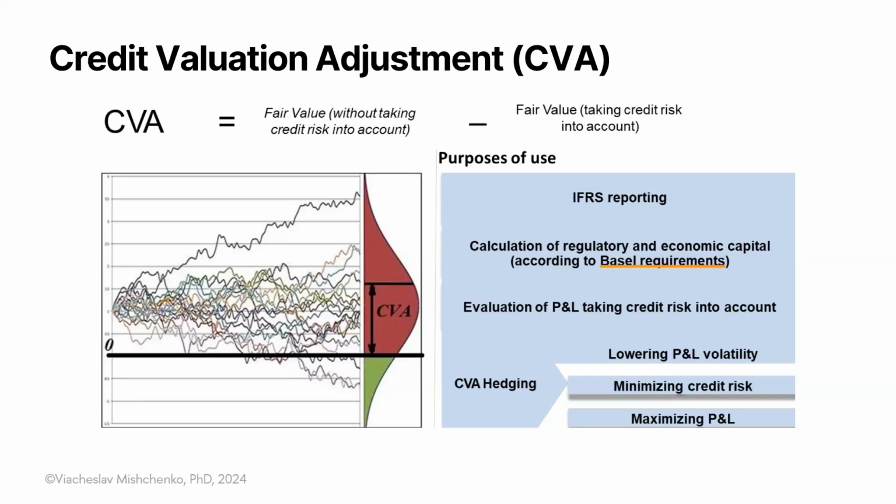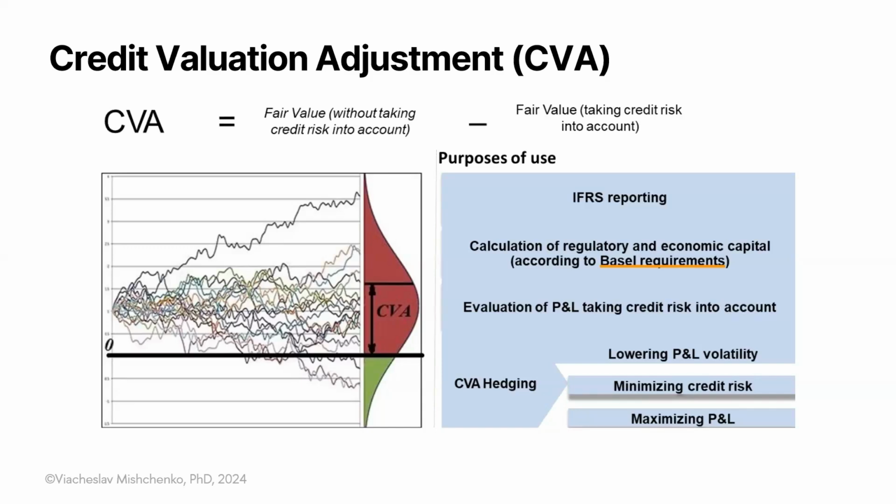In general, this is one of the most crucial concepts in modern derivatives valuation and risk management. In essence, CVA, credit valuation adjustment, or credit value adjustment, is an adjustment to the fair value of a derivative to account for the possibility that the counterparty might default.